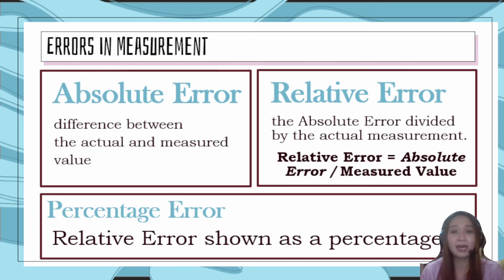So, we also have absolute error, relative error, and percentage error. Okay? So, absolute error is the difference between the actual and measured value. Okay? Whenever we are experimenting on something, meron tayong basis. Okay? For example, meron tayong control. Okay? May control value tayo.